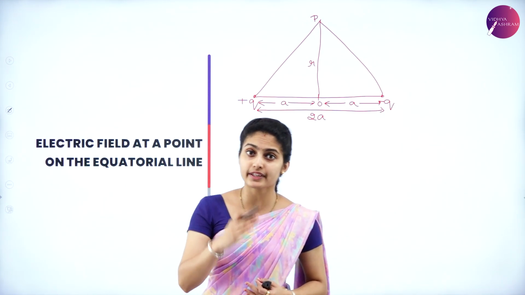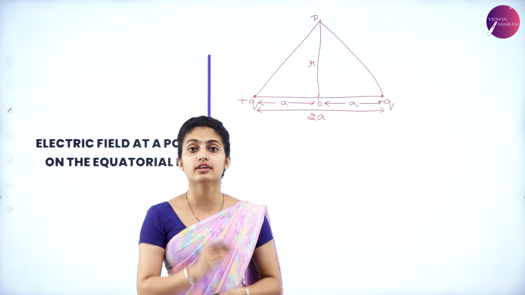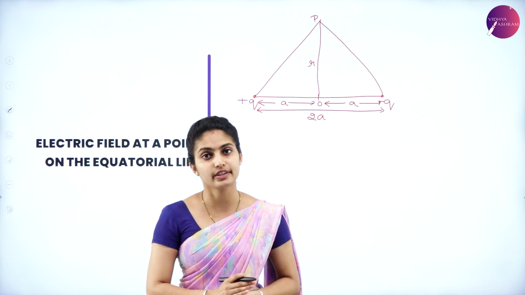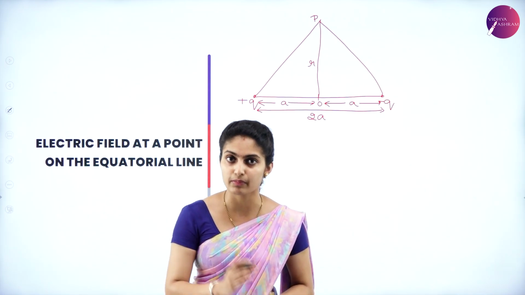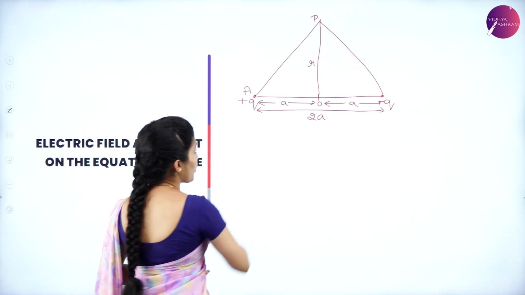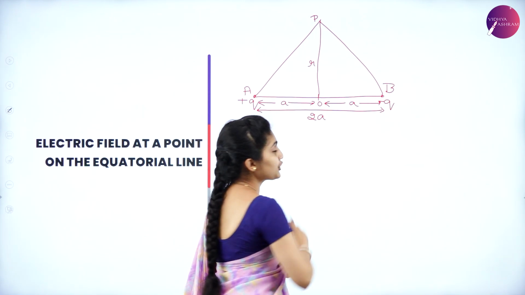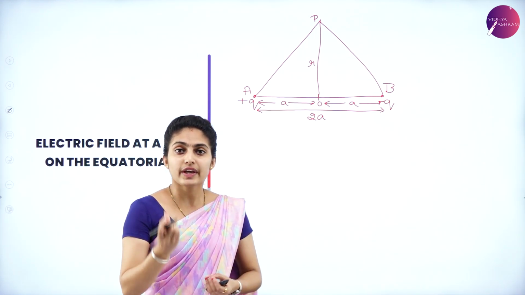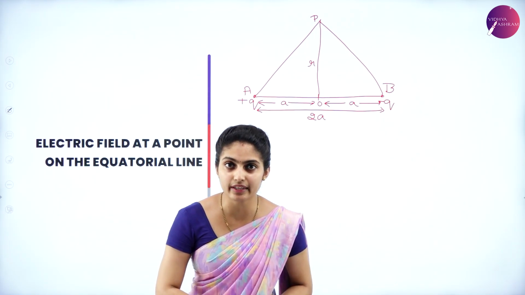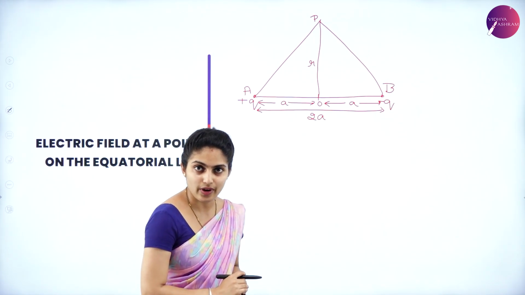So in order to find out the hypotenuse value, what are we supposed to do? We have to apply the right angle triangle formula, that is Pythagoras formula. So what is it exactly? Let me consider this point as A and this point as B. So when we have A and B as well as P, it's very easy to calculate using the right angle triangle formula.